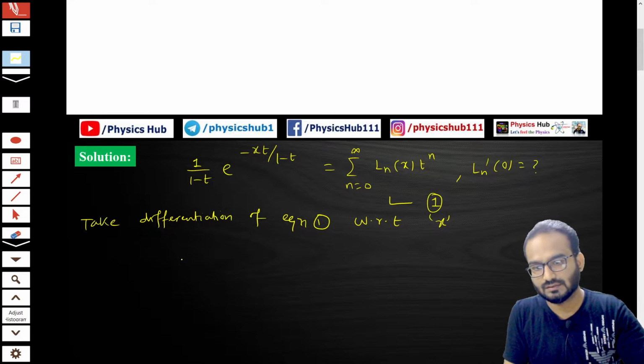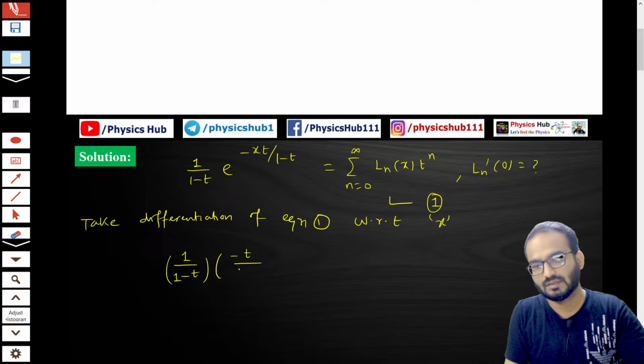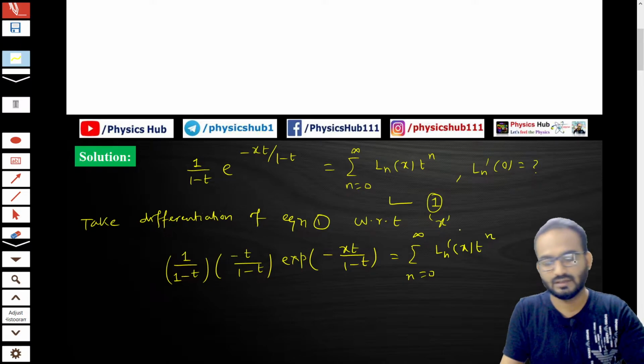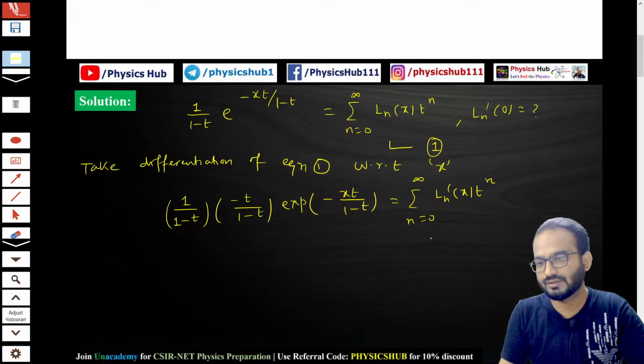So if you take the differentiation, you get 1 by (1 minus t), times 1 by (1 minus t), exponential of minus x t by (1 minus t), and what will be there on the right hand side, L_n prime of x t to the power n. Till now there is no confusion, so let's name this equation 2.